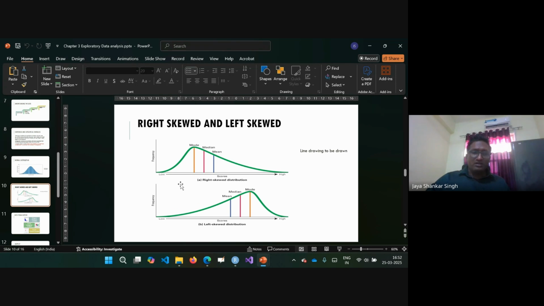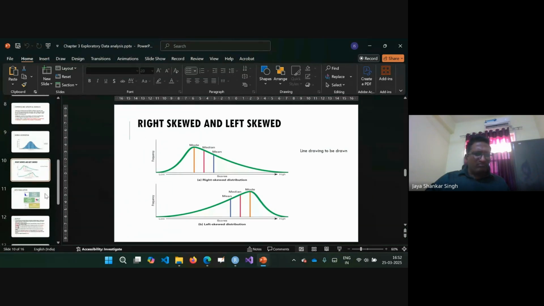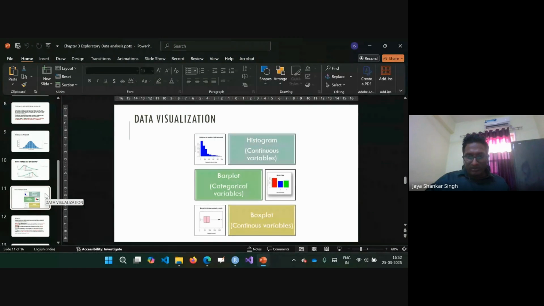What happens in this right skewed distribution? Your mean will always be on the right side of the median or mode. Mode will always be on the right hand side on the left skewed data. Okay. These things are not that much important unless you're handling the outliers. आएंगे उसके ऊपर हम लोग. I don't think the time will permit it.